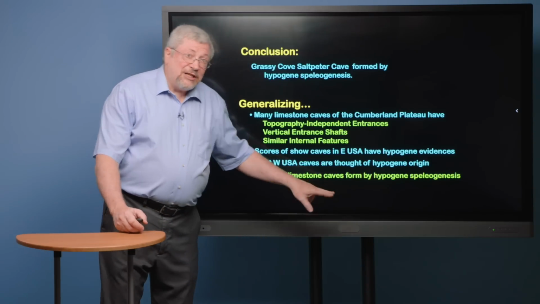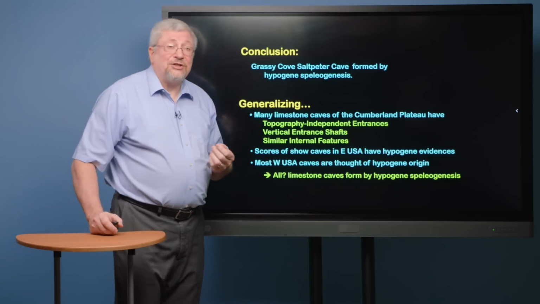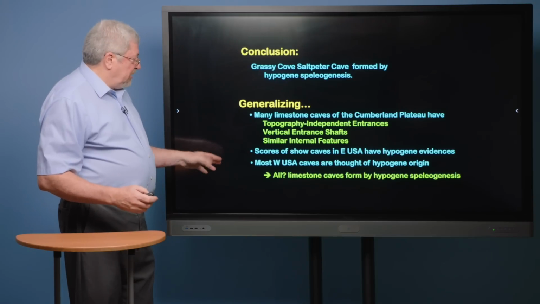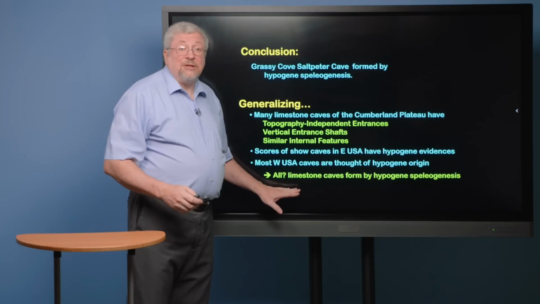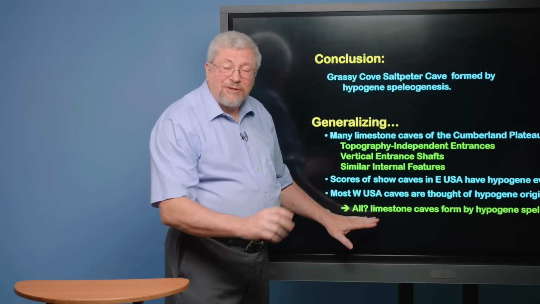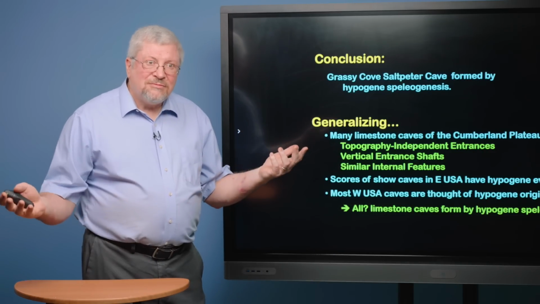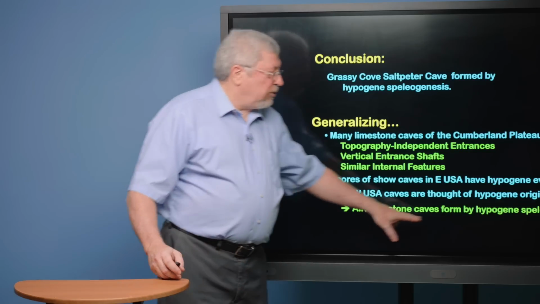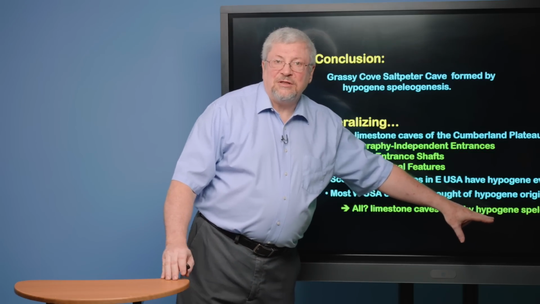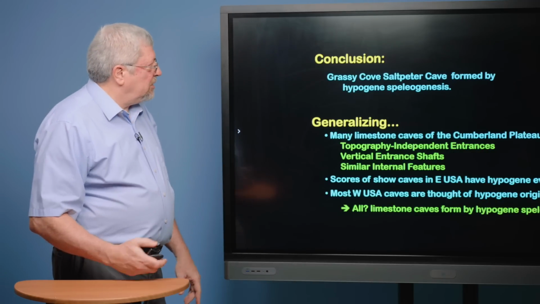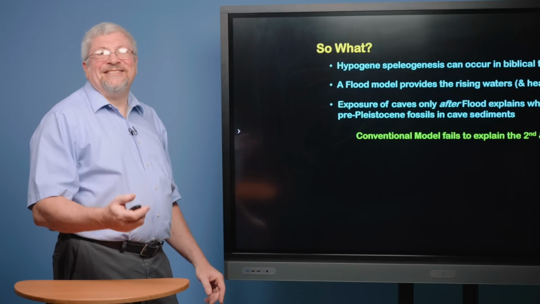Since the conventional geologists believe most of the western caves are formed by hypogene speleogenesis, I'm going to make that jump, I'm going to suggest that all limestone caves, worldwide, were formed by hypogene speleogenesis, not by hypergene speleogenesis as J. Harlan Bretz suggested.